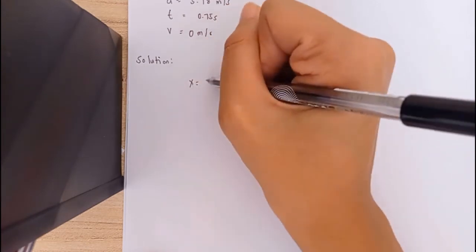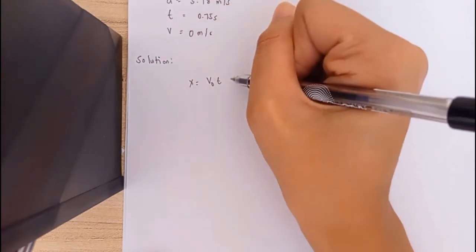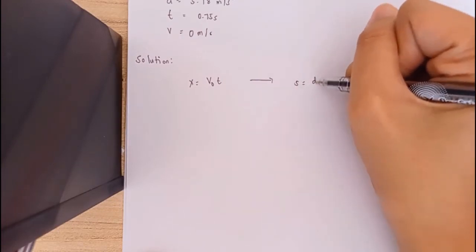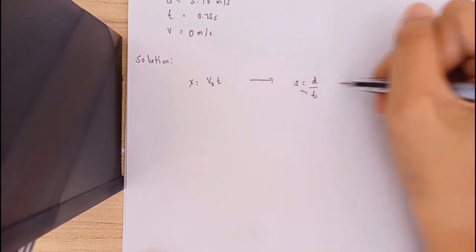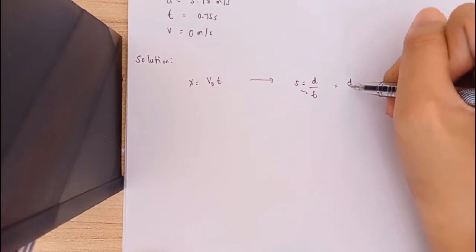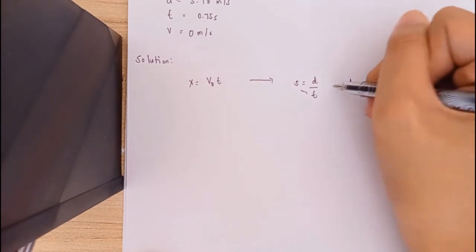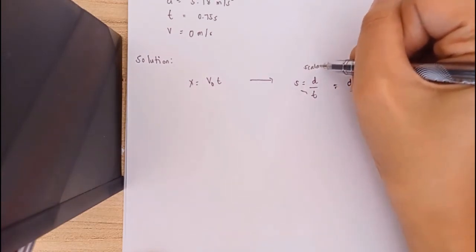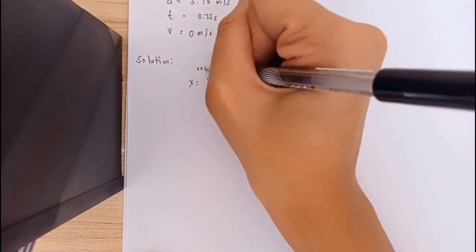We need to find first the distance. So x is equal to v sub 0 times t. Maybe you're wondering where did we get that, so we're going to write it in a scalar quantity. That will be d is equal to st, but that's in scalar quantity.